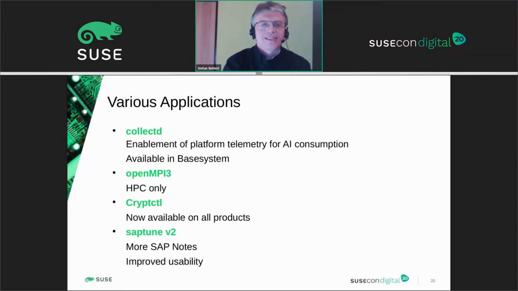So cryptctl and collectd are now available in all of the server products, not just in some. And on SLES for SAP, we have an upgrade of Saptune to version 2, which allows, besides more SAP notes and easier use of the SAP notes, a much better usability. Be aware, nevertheless, if you want to use it, you have to manually adapt some of your configurations, which we cannot do, unfortunately, automatically.